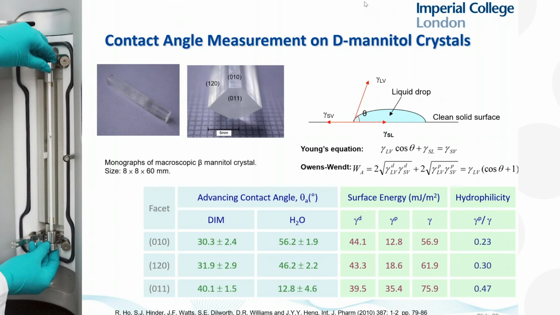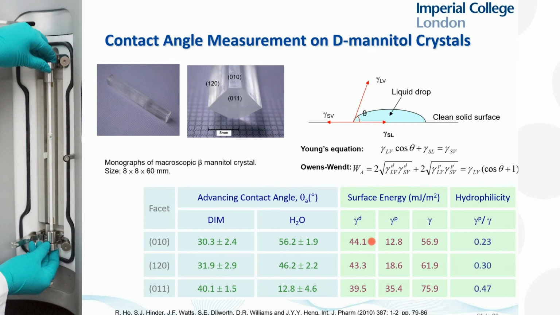The table beneath shows the contact angles for water on these different crystal faces. You can see the O11 facet has a very low contact angle. That's because it has a high concentration of hydroxyl groups. So the contact angle reflects differences in the concentration of hydroxyl groups. We can see that with our wettability experiments, and we'll see equivalent data later in our IGC experiments.